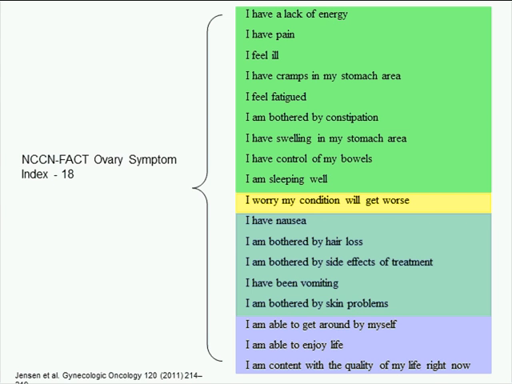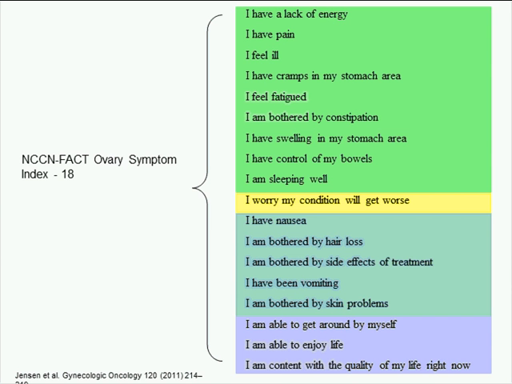We have sorted out the top 9 in the green box, disease-related symptoms; one disease-related symptom that's emotional, in the yellow box; 5 treatment side effects; and 3 questions about general function and well-being.